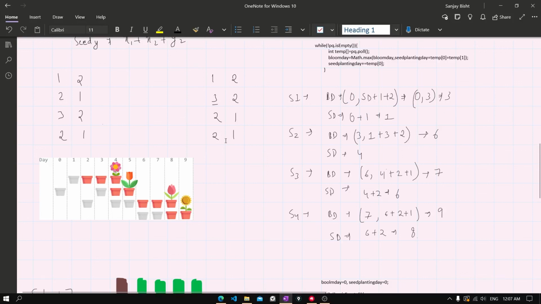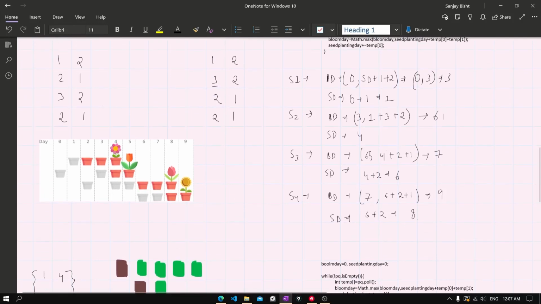Seed 1 will finish at 3. Then we process seed 2. For seed 2, the existing seed day is 1, so 1 plus 3 plus 2, where 3 is the earlier bloom day we got. So it has 6, and we update our seed day also, which is 4.